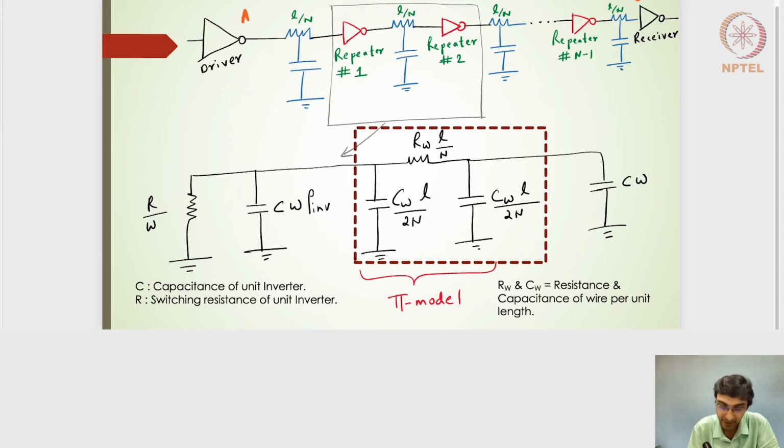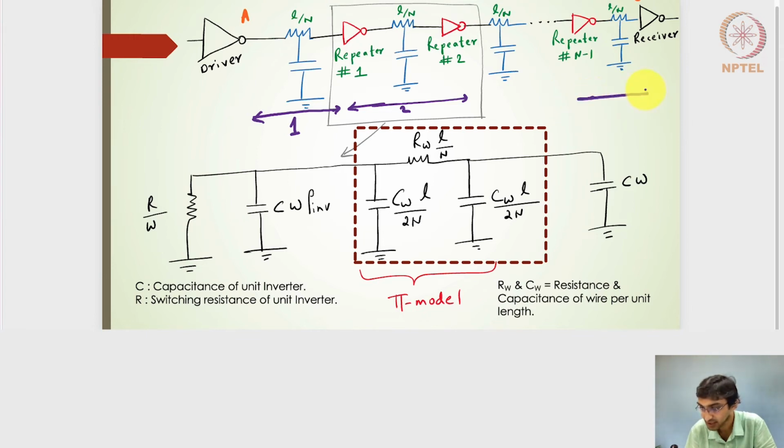So this will be my segment 1, this is segment 2, then segment 3, segment 4, segment 5, and so on, and this is the segment N. So I've created n segments, and not only created the n segments, but also have added the repeaters here. Repeater 1, repeater 2, repeater 3, repeater n minus 1. Right, now if I add the repeaters, then I will have each of the segments of length L by N.